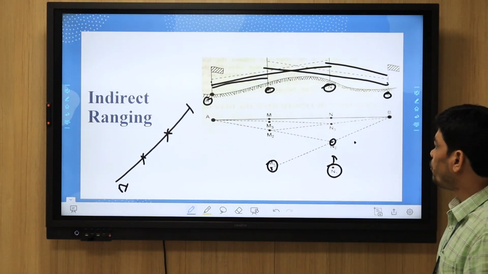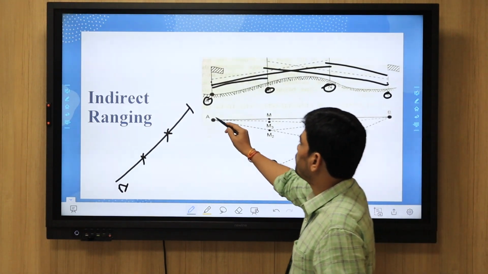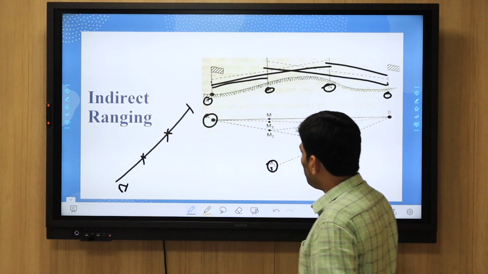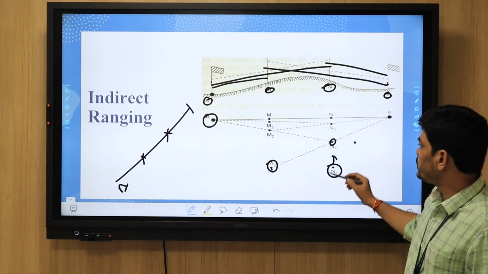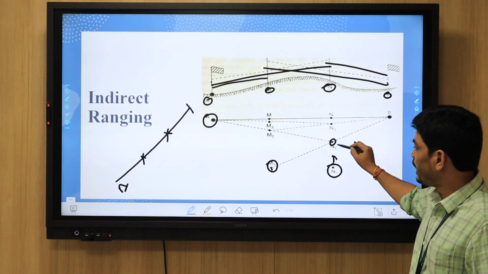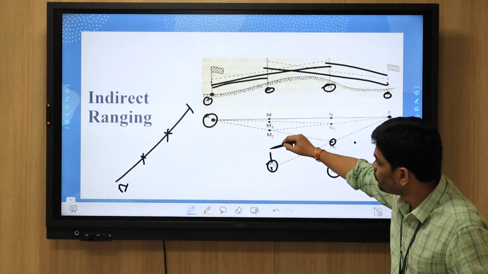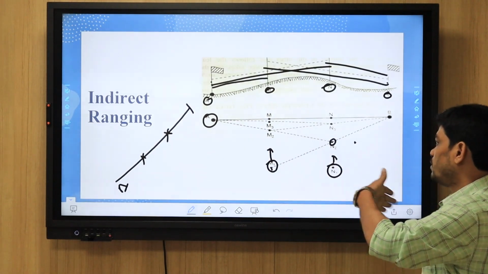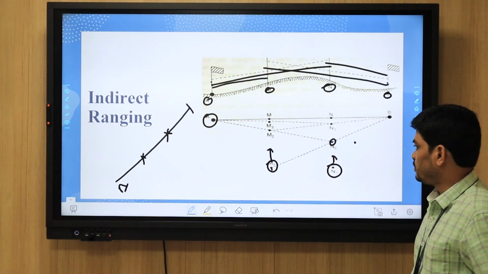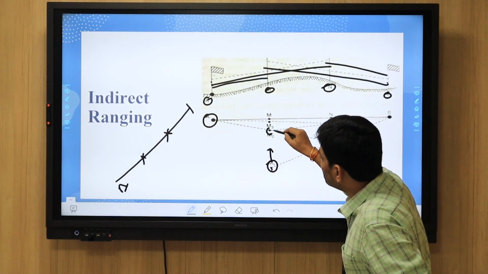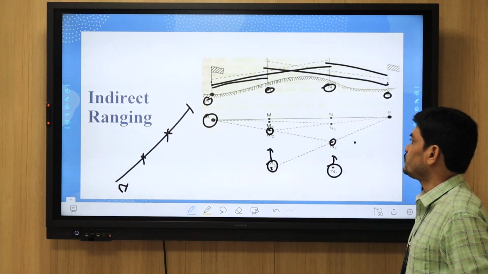Next step, now we go to point B. From B we focus N1. We have already set N2, so we focus N2. Now we ask M1 to move towards the left direction. So M1 has come into the center.